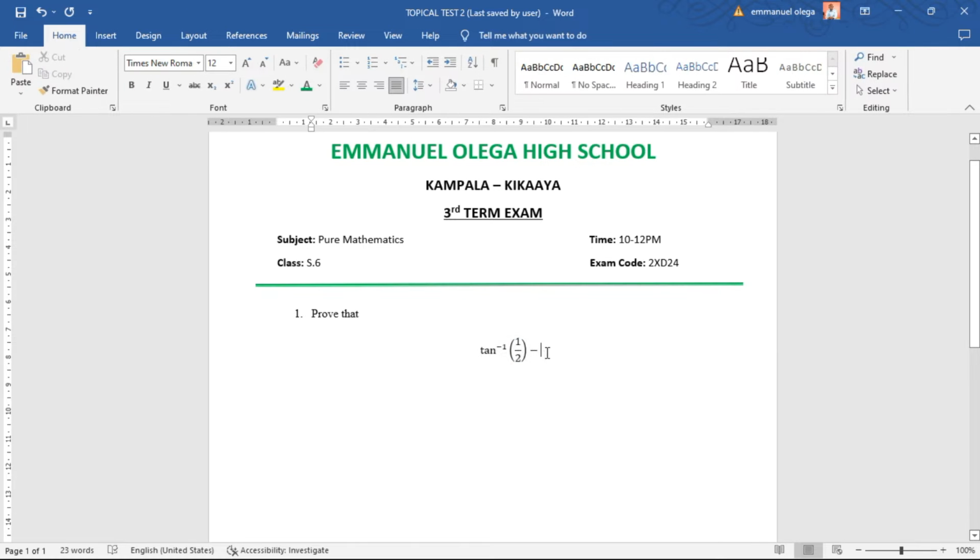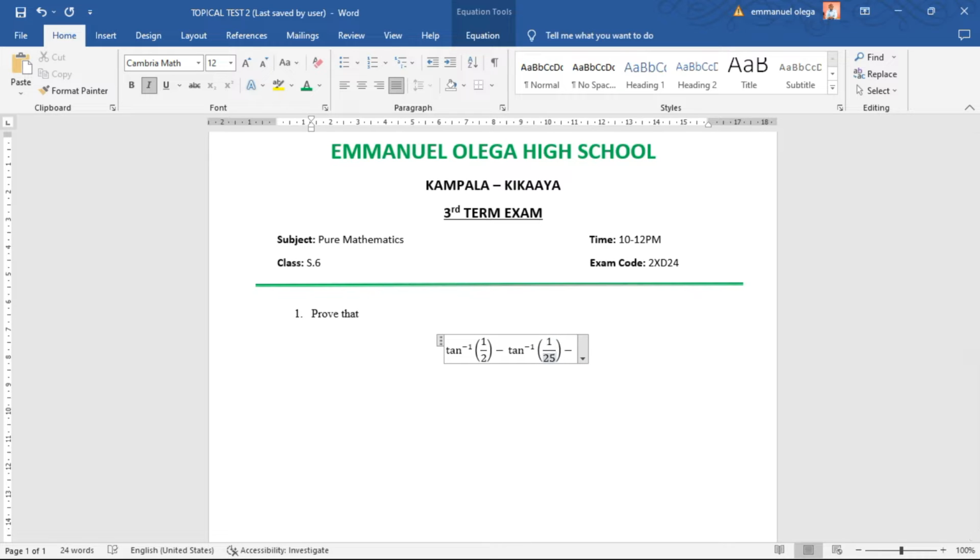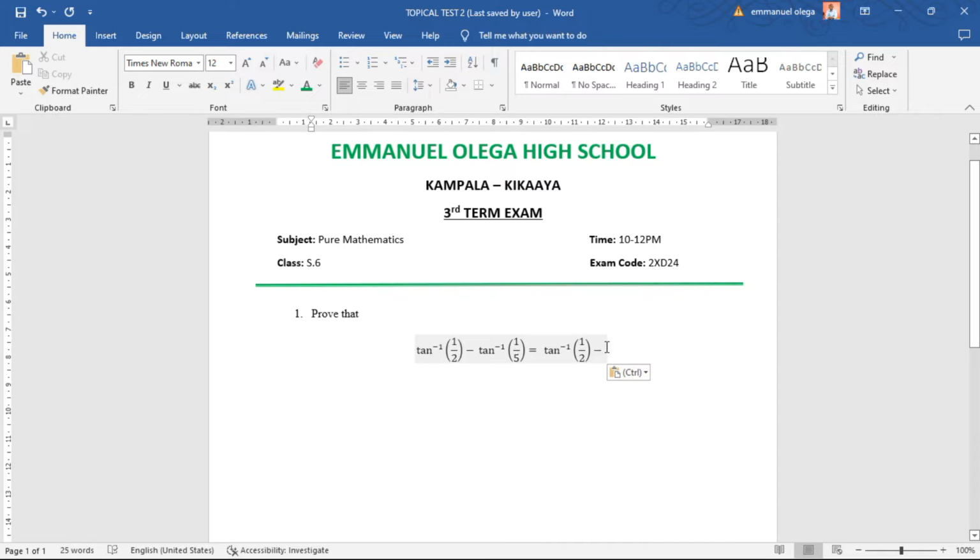Alright, so what I'm going to do is copy this, then just click outside the equation and then click V. Okay, so I'm going to type in the next one. The next one is actually 1 over 5. Make that 1 over 5 is equal to, click outside, then click V again.